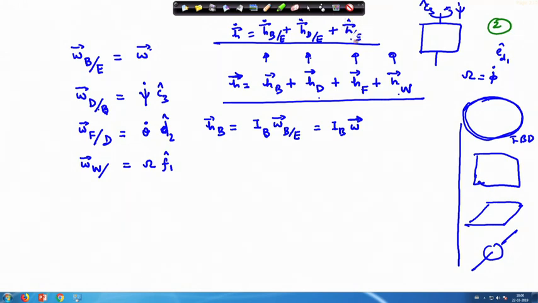You can see that we have written all of them with respect to the free body diagram. So, H dot b slash e will be written as I b times omega.